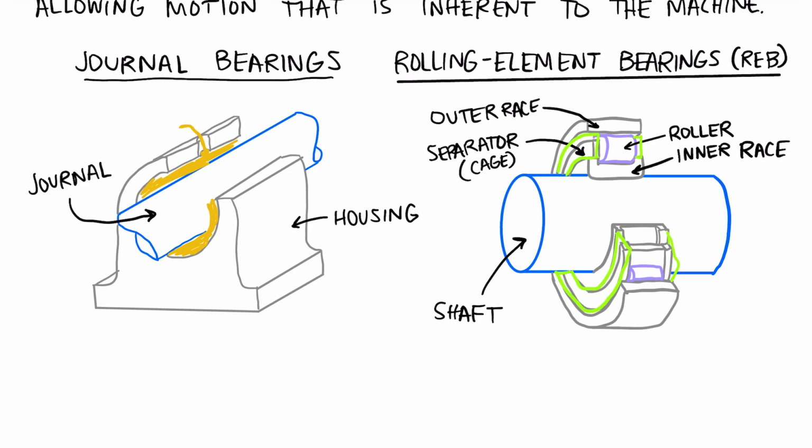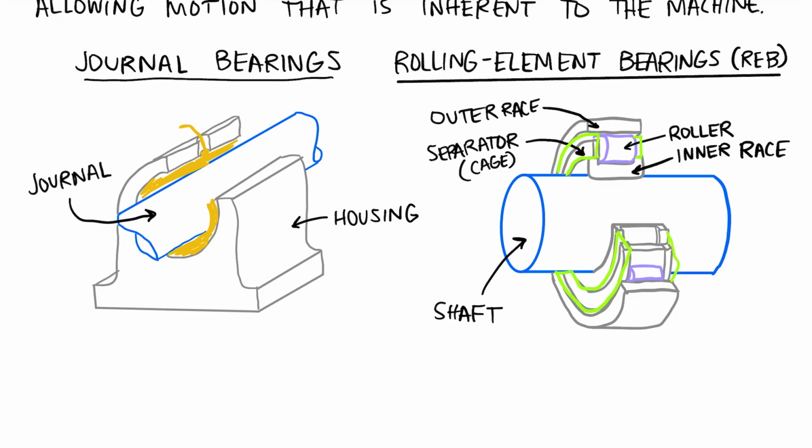But the seal helps keep the lubricant inside of this race and also helps keep debris and other outside elements out of the rolling element bearing. So it's a very important component.